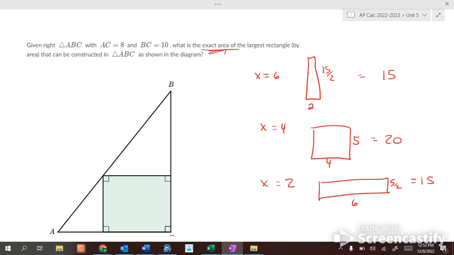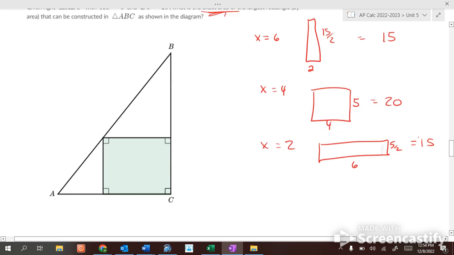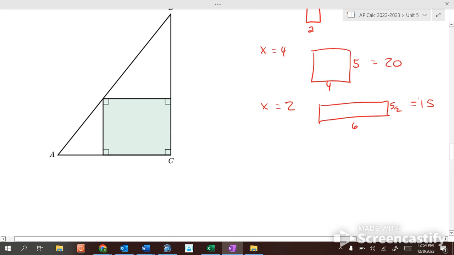Okay? So notice how the area gets bigger and then smaller again. So there's got to be a maximum value somewhere in there. That's kind of the extreme value theorem, or the mean value theorem going on there, that there is something bigger than something else. So let's do the math on this and figure it out.